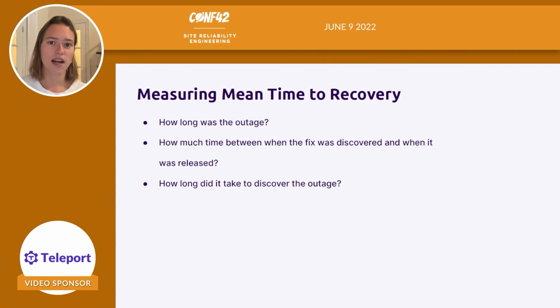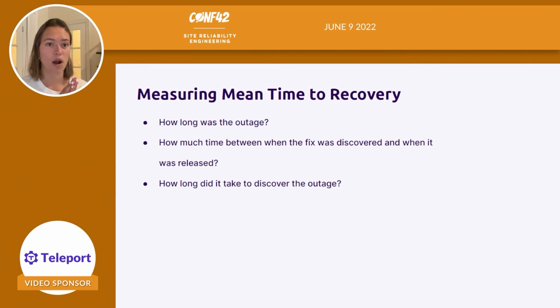And so ways to actually measure mean time to recovery is using whatever on-call provider. So for example, PagerDuty, VictorOps, OpsGenie. You want to measure how long that outage was, how much time between the fix was discovered, and how much time between it being released. Again, if you have insufficient CI/CD pipelines, it might take longer to get that out, even if you know what the fix is. And then also, you want to look at how long it took you to discover the outage.